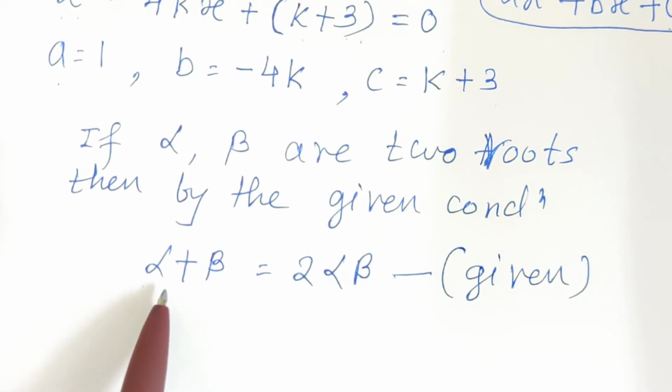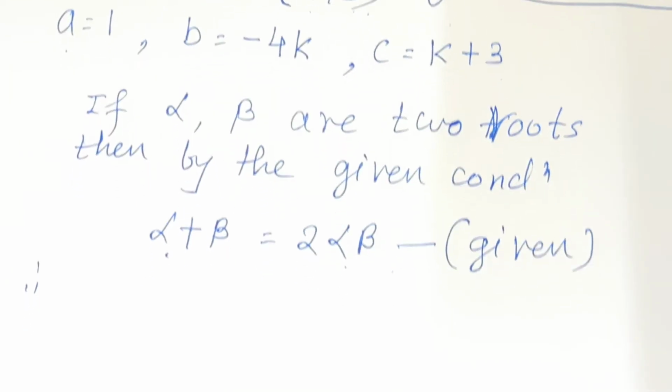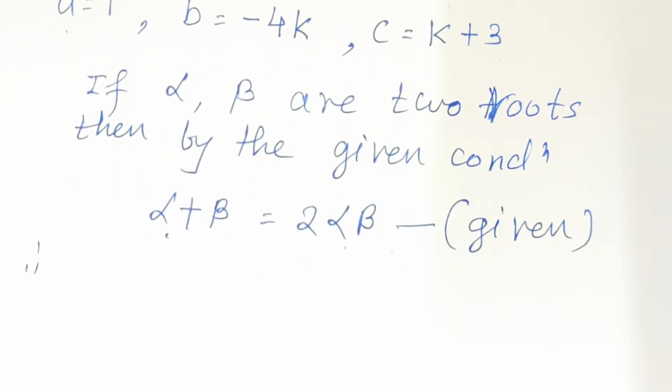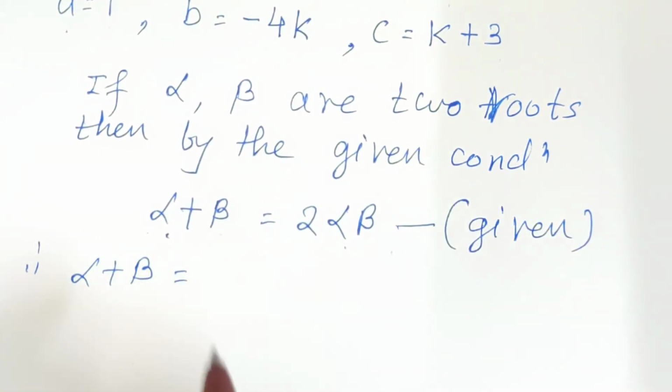Now we have to find alpha plus beta and alpha into beta separately. Already we wrote the values of a, b and c. Alpha plus beta is equal to, we know the formula, minus b upon a. We completed it in the first video.